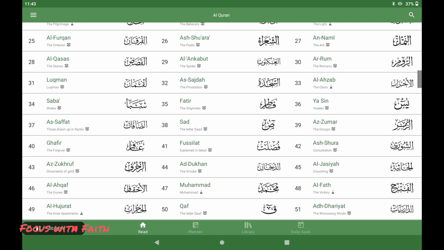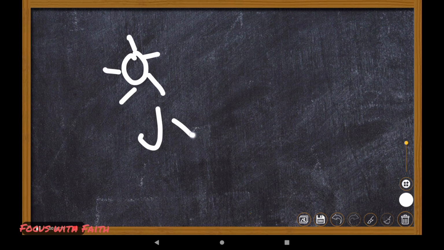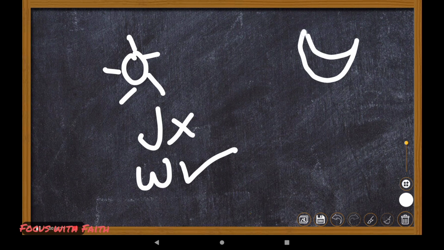Ash-shura, sheen has the shadda. So what is the conclusion? Whenever there is huruf shamsiya, you will not pronounce lam and you will always have a shadda. Whereas in qamariya letters, you will pronounce the lam properly and you will not find any shadda.